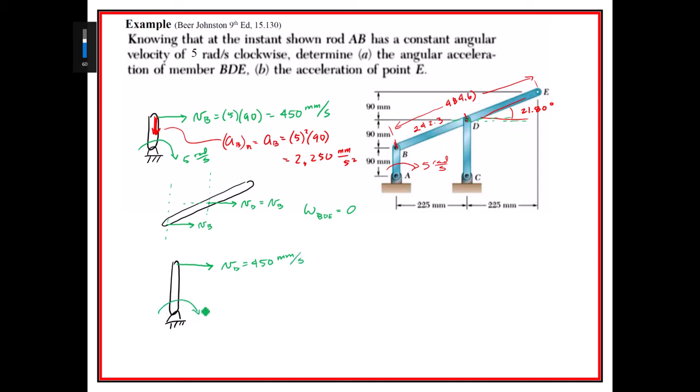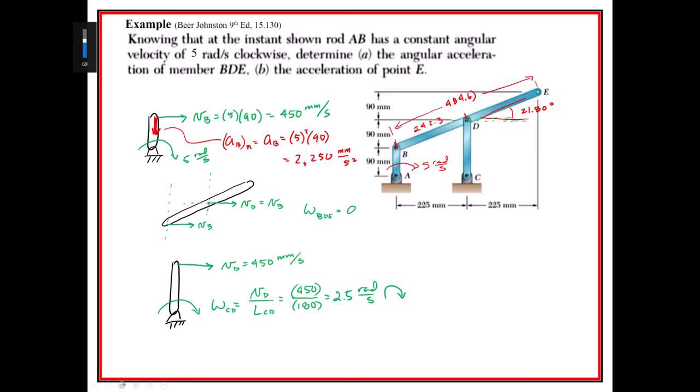So the omega of CD is equal to the velocity of D divided by the length of CD. It's 180 longer, so we can kind of see where this is going. At 450 divided by 180, we get 2.5 radians per second. So it has 1/2 of the angular velocity of the smaller link.